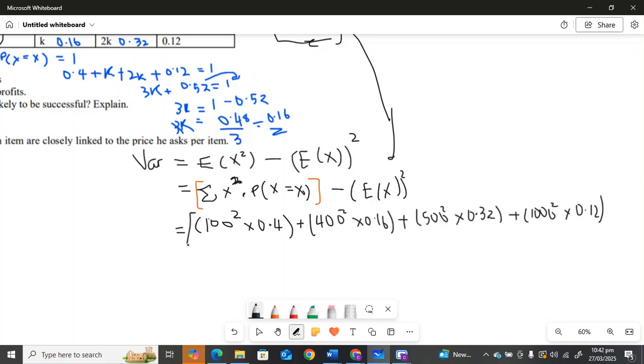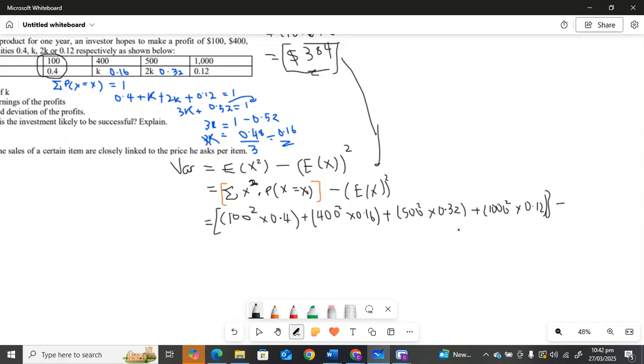Okay, all of this minus, where is our average profit? 384 squared. So you can do our calculations.